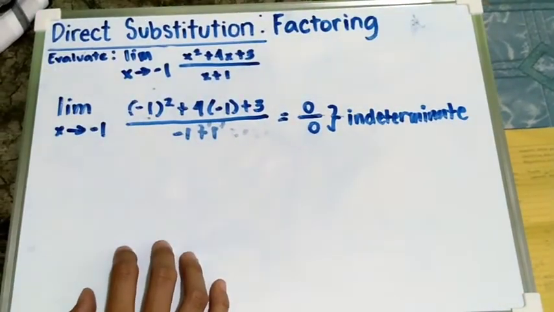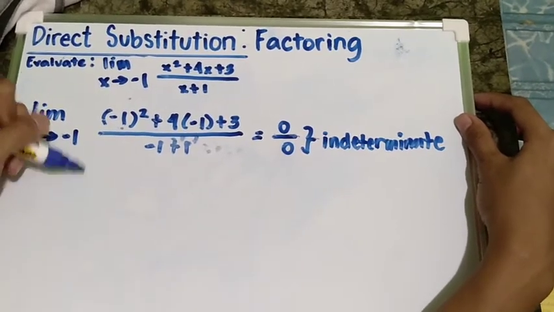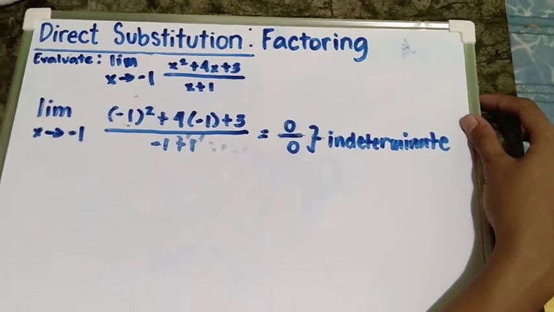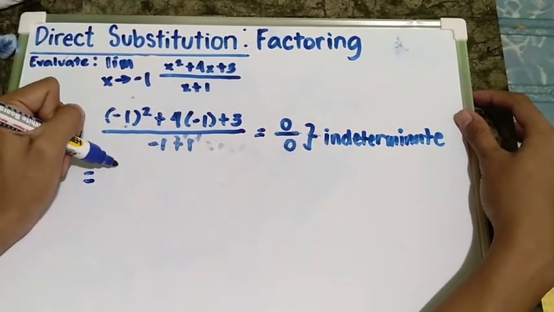So now we're going to simplify. Reminder: when the numerator and denominator are 0, a trinomial over 0, it is in indeterminate form, so we'll simplify it. x plus 3 times x plus 1 over x plus 1. Now cancel the same variables.